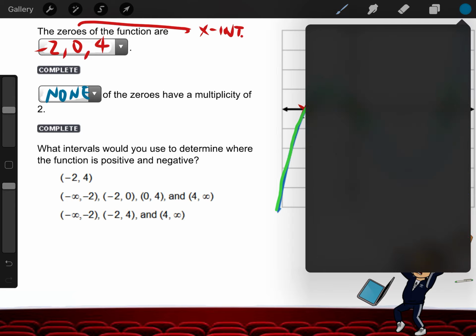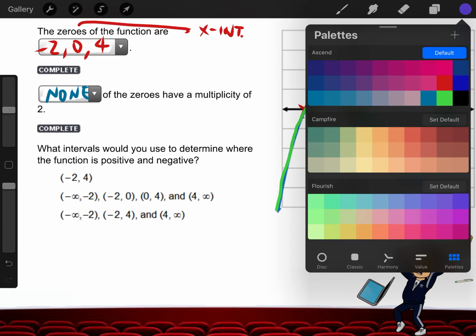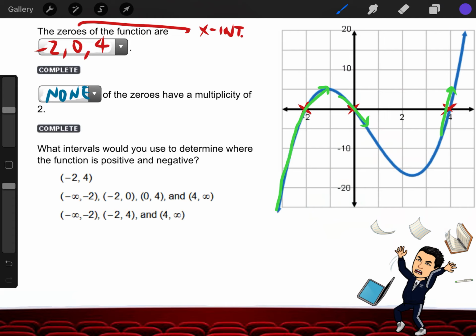So how do you determine whether the function is positive or negative? You're going to have to break it apart using the zeros. These are all the barriers where you start breaking the function apart. For the first part, it's going to be negative infinity, comma, negative 2.